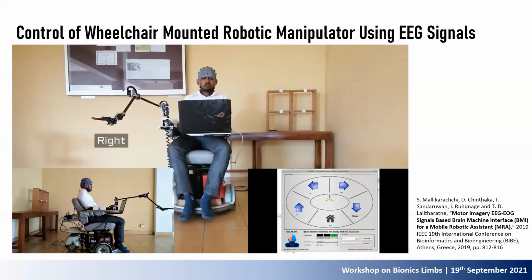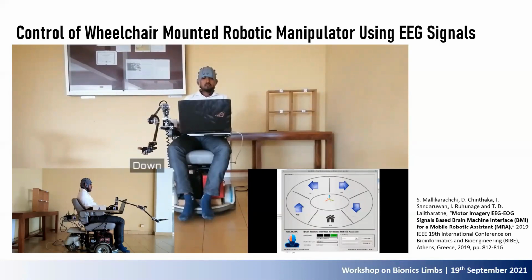So we had to train him for like 2 months, at least 1.5 months, to get the required output. But finally, he managed to control the wheelchair as well as the robotic manipulator based on his thoughts.